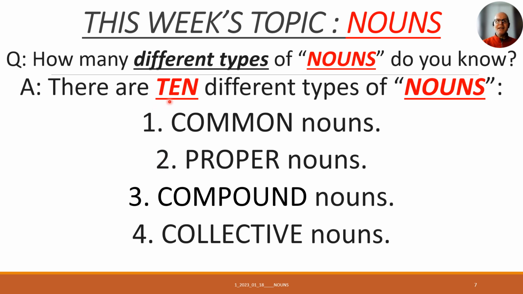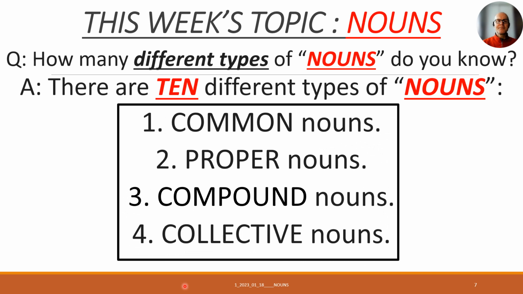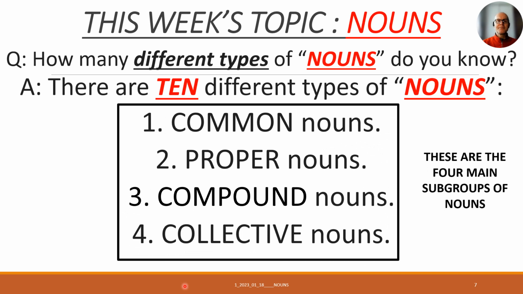There are 10 different types of nouns. Common nouns, proper nouns, compound nouns, collective nouns, these are the 4 main subgroups of nouns.